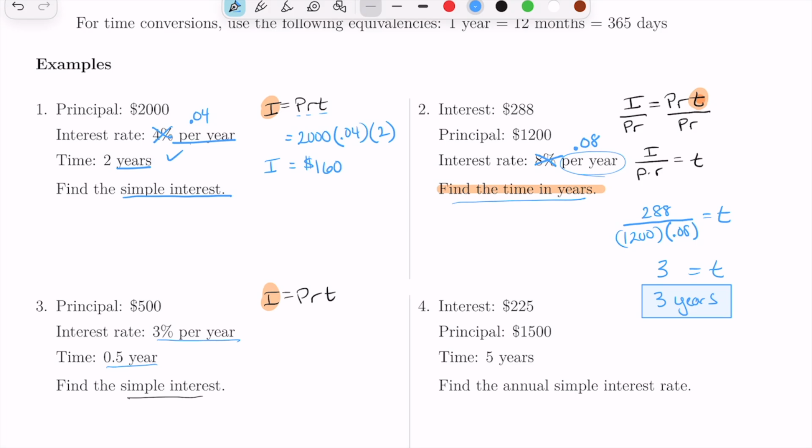So our time periods match. We're good. We'll just go ahead and substitute these numbers in for the variables. Say 500 goes in for the principal. The rate, we use 0.03, and our time will be half a year, or 0.5.